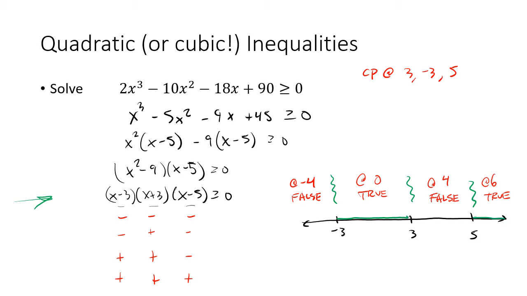And because we have an or equal to sign here, it means that these are solid dots, or there are brackets. And so if we write that in interval notation, it'll be everywhere from negative 3 to 3, union, because that's how we represent this gap, 5 to infinity, not including the infinity.